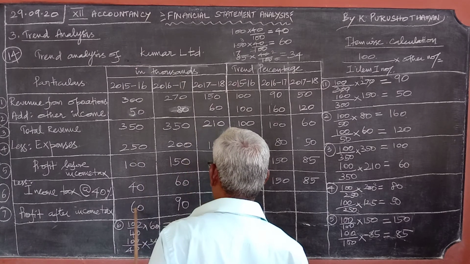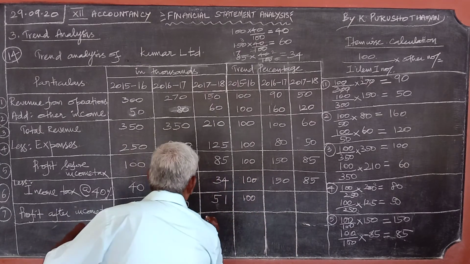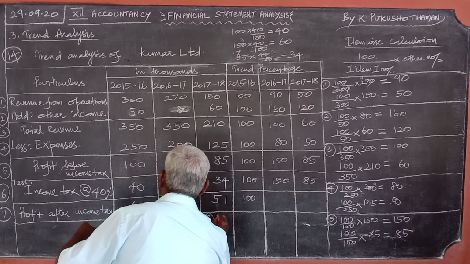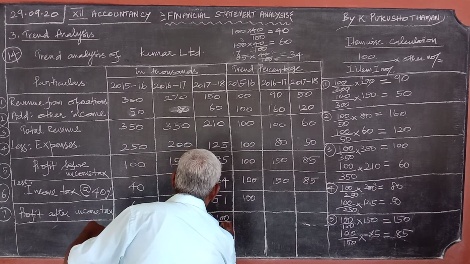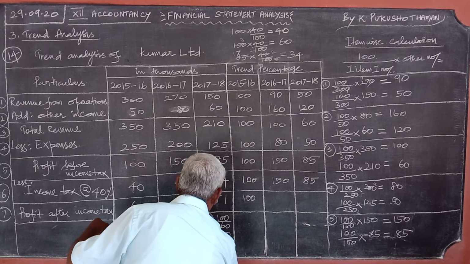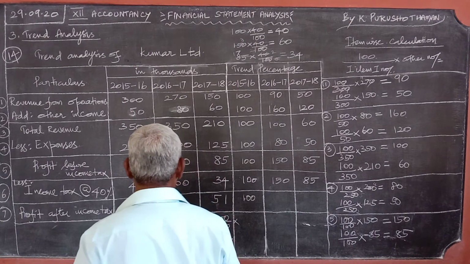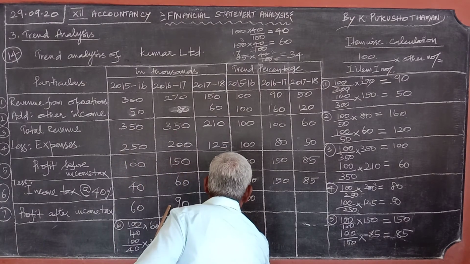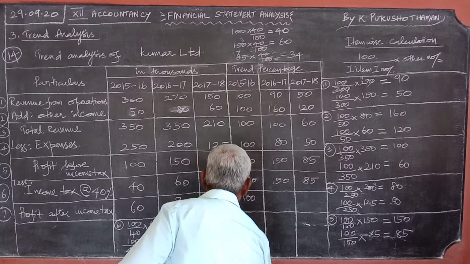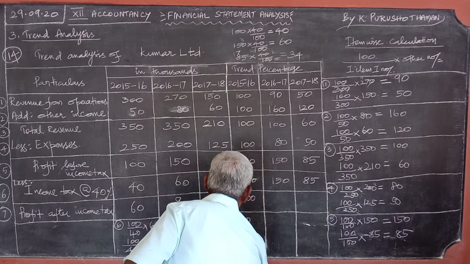Then profit after income tax, the seventh point. 100 by 60 for second year, 100 by 60 for third year. 100 by 60 into 90. 100 by 60 into 51.